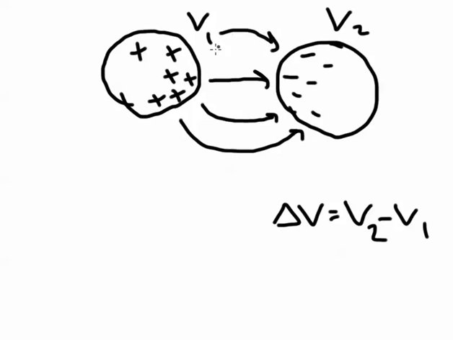So the point is, there's still a capacitance. Capacitance is just defined as the charge on one of the spheres, and of course the negative amount of that charge will be on the other sphere, divided by potential difference.